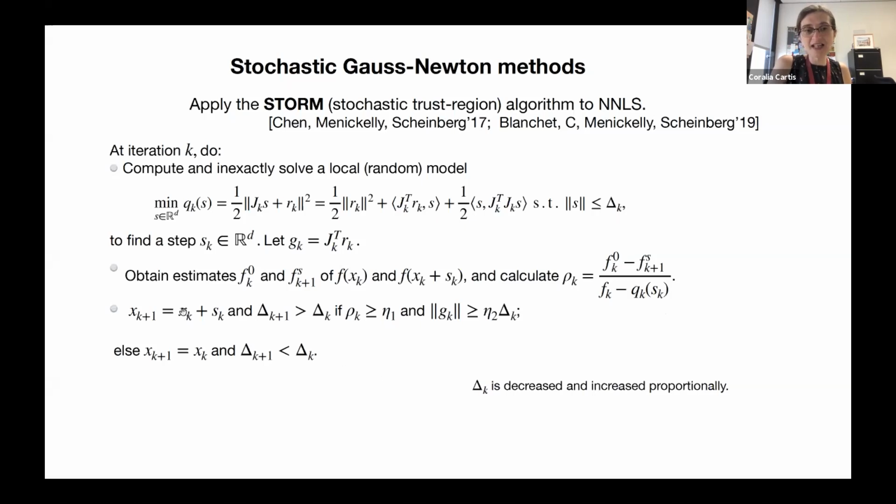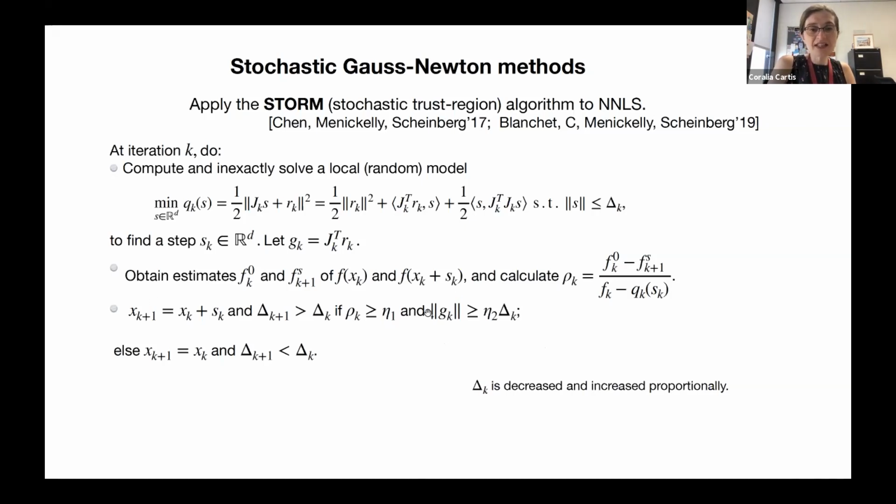If that's the case, then we take the step and maybe increase the trust region radius so that we look in a larger region. And we also have to be careful that the approximate gradient is comparable to the size of the trust region. The trust region size, delta k, will be a measure of convergence, as well as constraining the step.